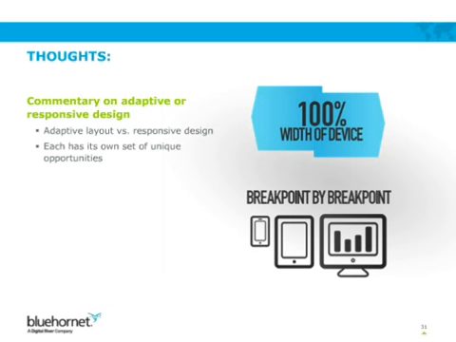My comments on adaptive or responsive design. Right now, what I read just in preparation for this was that responsive design is really responsive to the term of 100% of your device width, whether that be your desktop or your mobile item. Several web designers, leaders in the industry, were saying that that's the correct term, that responsive design is 100% width based on whatever viewport is active.